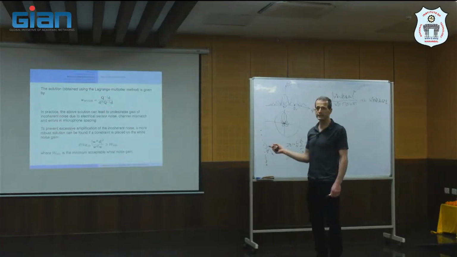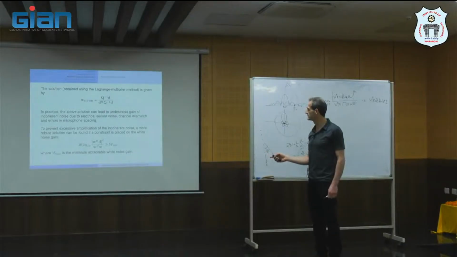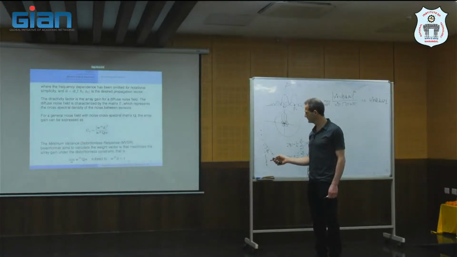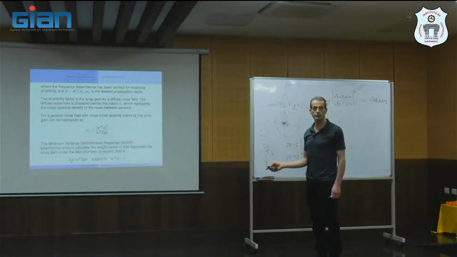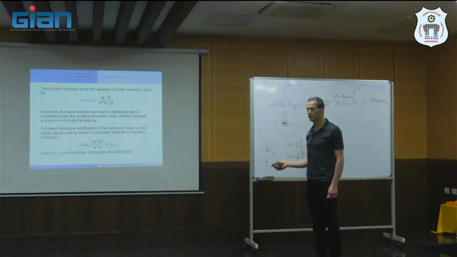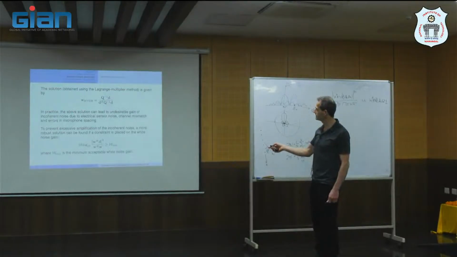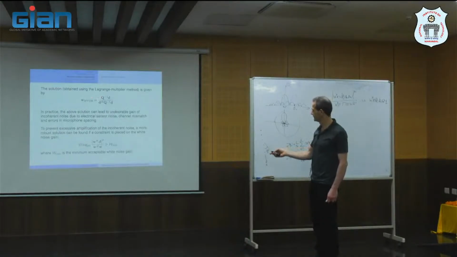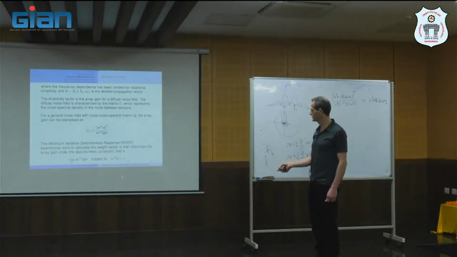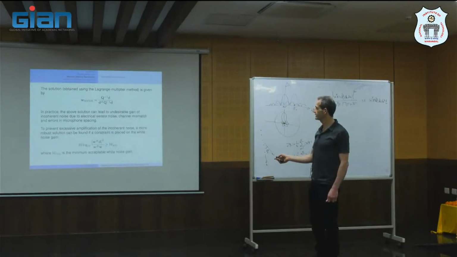How do we obtain it? So I give you an exercise: prove that this is the solution to this problem using a Lagrange multiplier. Obtain this solution. By the way, if I substitute this into the constraint, W^H D, which is the same as D^H W, I get 1.